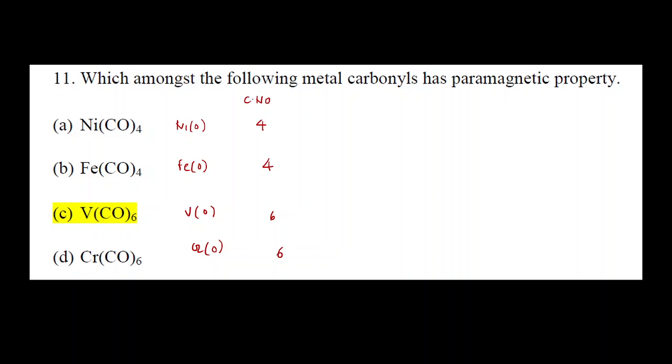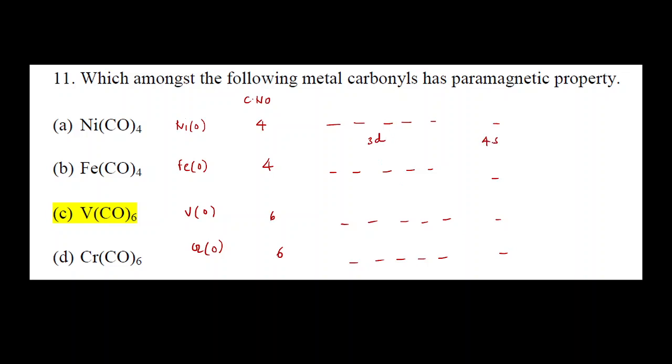When we fill up the electrons in the d and s orbitals, we have to take coordination number into consideration, because that's how we define the pairing pattern. We have 3d and 4s orbitals in all 4 cases.